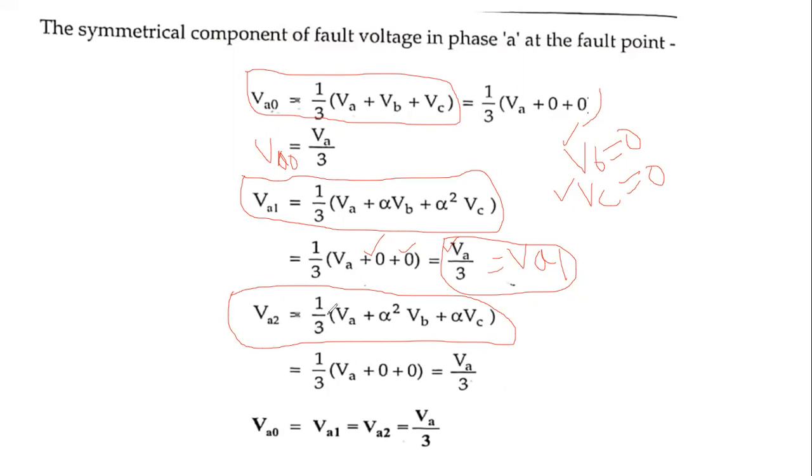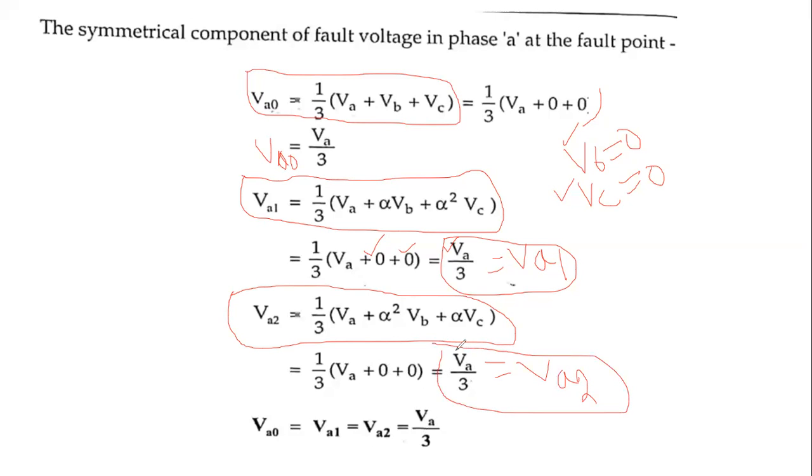Understand? VB is equal to 0 and VC is also equal to 0, so we substitute both as 0. That gives 1 by 3 into VA plus alpha square into 0 plus alpha into 0. Then we obtain VA by 3. Therefore, the negative sequence voltage is VA2.